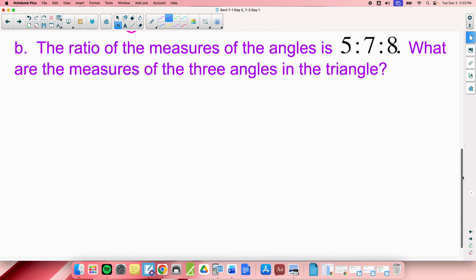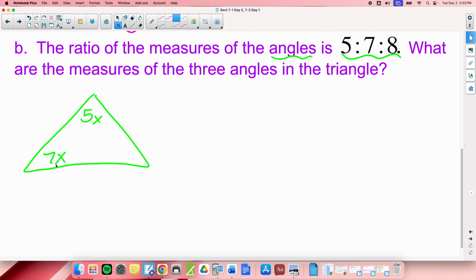All right, if we look at this one, it's the same thing. We have a triangle, and these again are angles in this ratio. And we put an x with each of them. So one is 5x, one is 7x, and one is 8x.